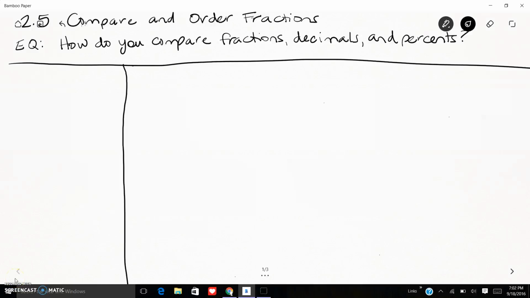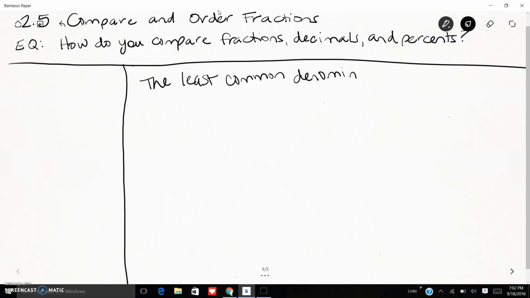Everyone. So we are going to move on to comparing and ordering fractions with decimals and percents. So let's get busy. We have one vocabulary word, and that's least common denominator. So the least means smallest. Common means the same. Denominator, which is the bottom number on a fraction.